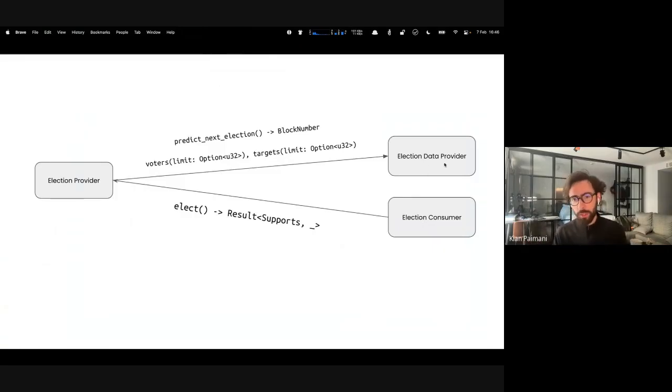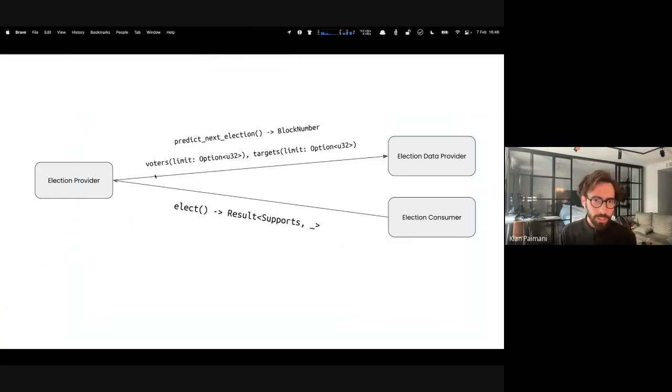And more importantly, we have some other entity who's the election data provider. You can probably guess it's staking, or in reality, both of these are staking actually. The election data provider can respond to a call: hey, give me the voters that I need to work with. Hey, give me the targets that I need to work with. And in some cases, tell me when you probably need the next election.